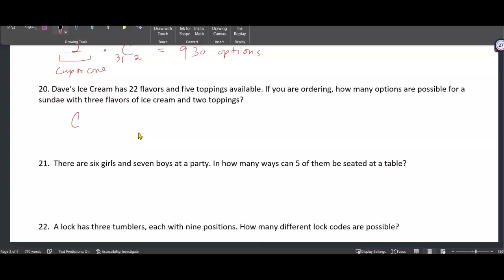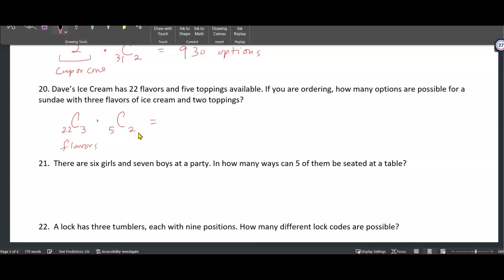And so again, that's combination. 22 choose 3 flavors. And then after choosing the flavors, you want to choose the toppings. So you would multiply by the toppings, right? So 5 toppings to choose from, and choose 2 toppings. Which one they put on first, hopefully it doesn't matter to you, it will taste the same, right?